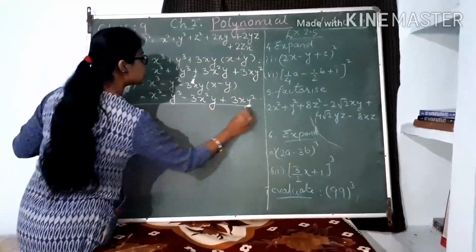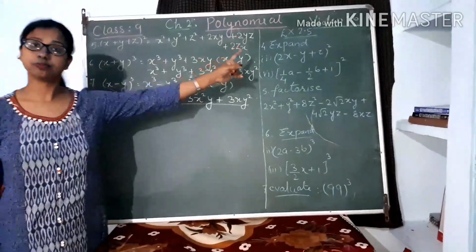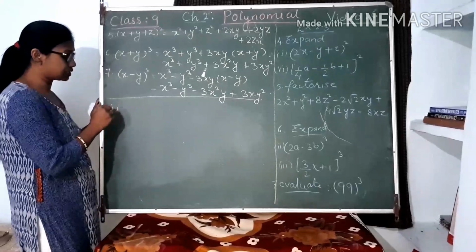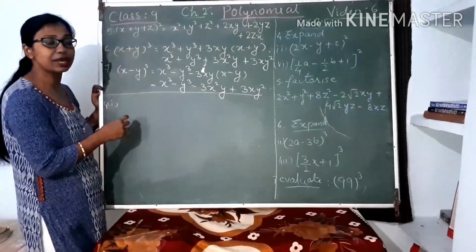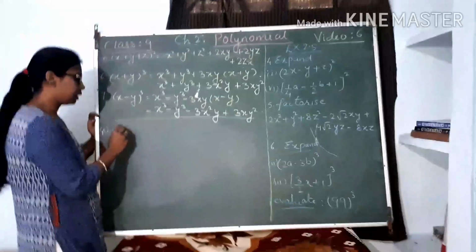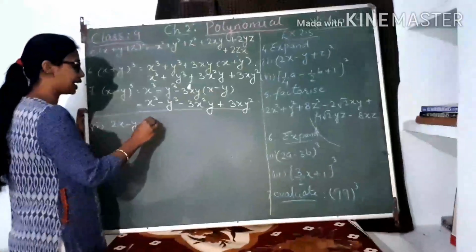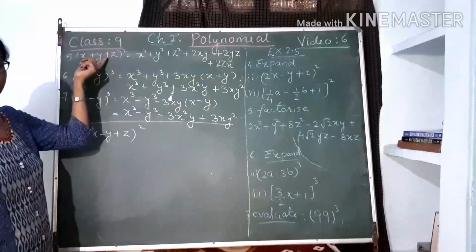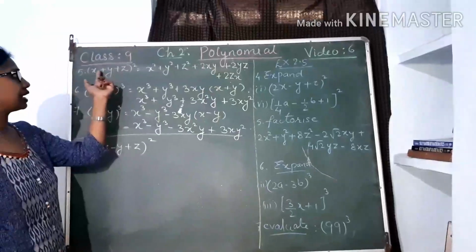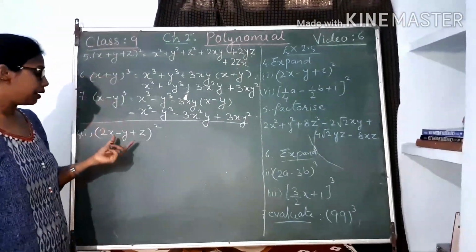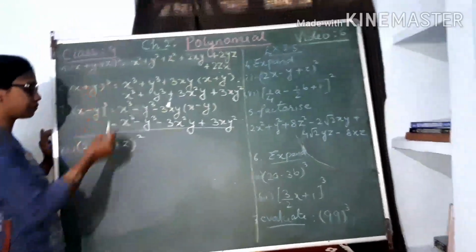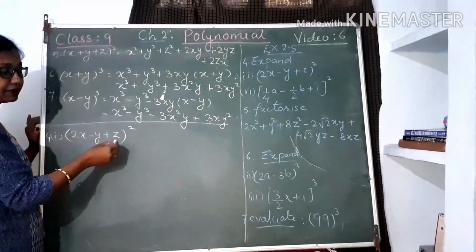Now let us discuss these questions from exercise 2.5 only. Question number 4. The first question is a direct application of this identity: 2x minus y plus z whole square, expand. See, in the identity we have used only positive signs. You can rewrite this by taking the minus sign simultaneously. Here in place of x we have 2x, in place of y we have minus y, and in place of z we have z.